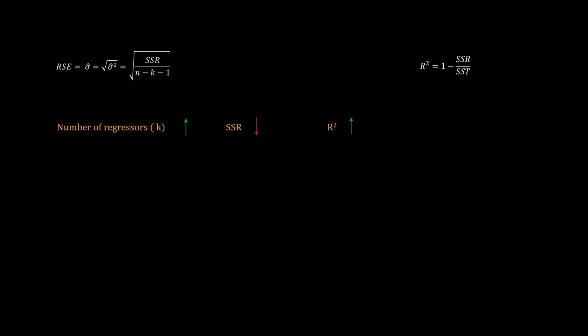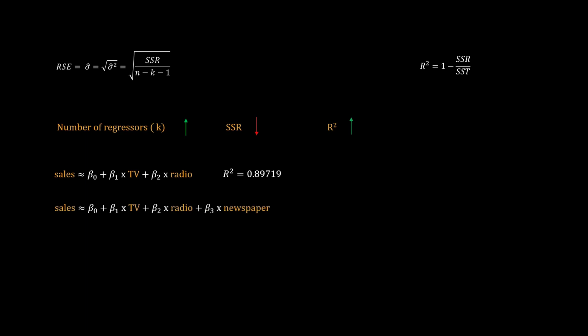For example, in the dataset that we are using so far, the regression of sales with TV and radio has an R-square of 0.89719. And if we include newspaper, then R-square goes up by a very tiny amount. This is the case of overfitting.